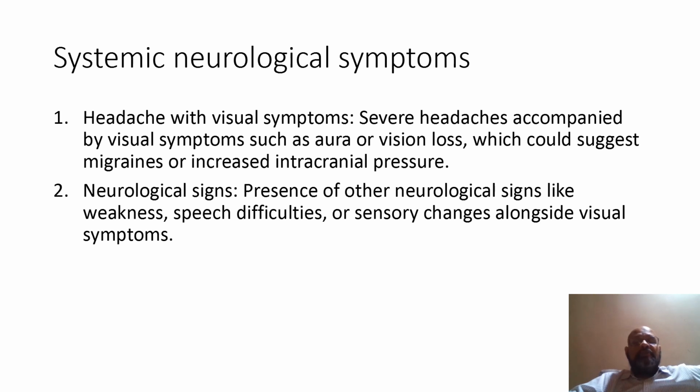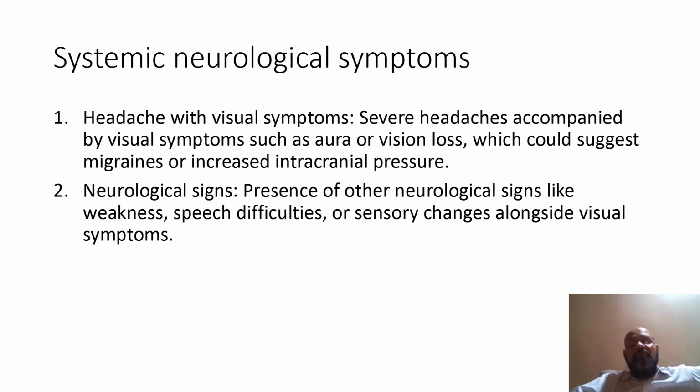Patients can have systemic neurological symptoms which require again opinion from the neurologist. For example, headaches with visual symptoms. Severe headaches can be accompanied by visual symptoms such as aura or visual loss. And often these patients, 80% of the time, or 8 or 9 times out of 10, would have migraines, which require long-term follow-up by the neurologist.